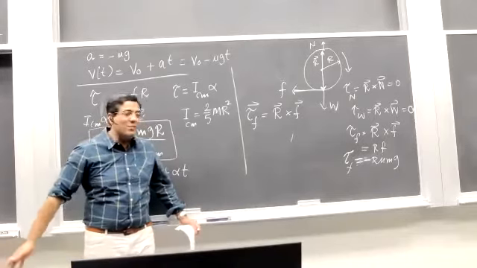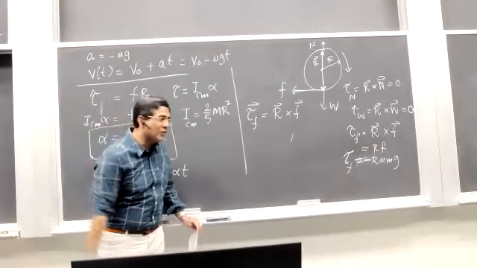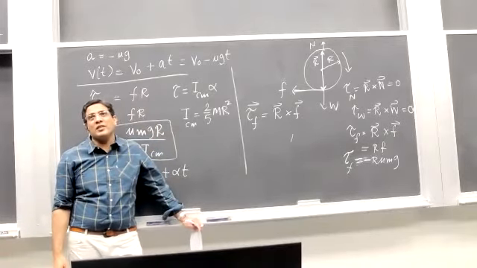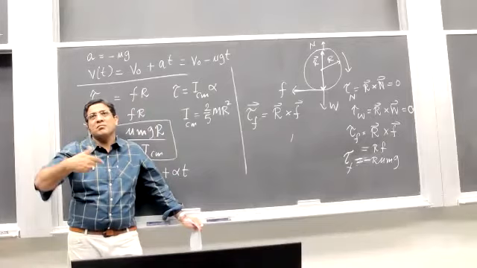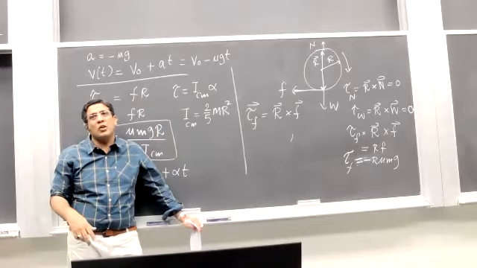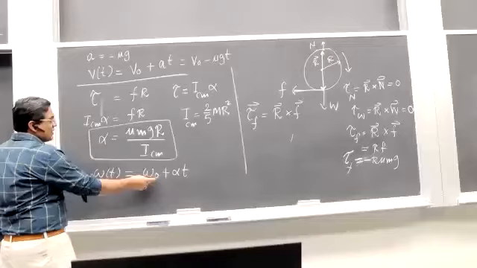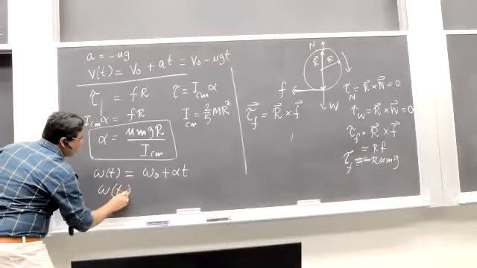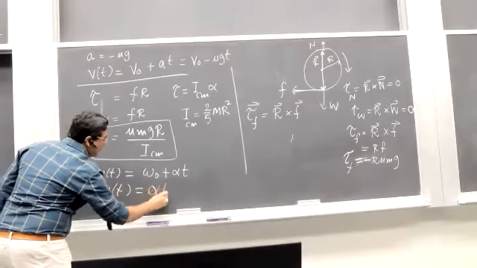You are giving it some linear momentum. You're giving it some initial velocity in that direction. But is it spinning? Is it rolling? No. So omega naught is initially 0 and omega t is simply alpha t.